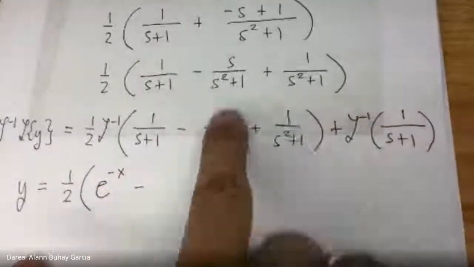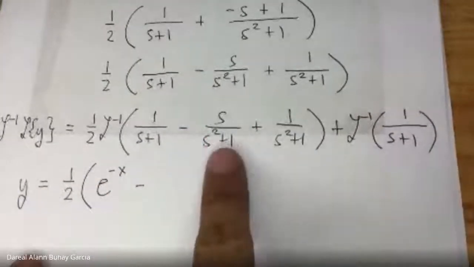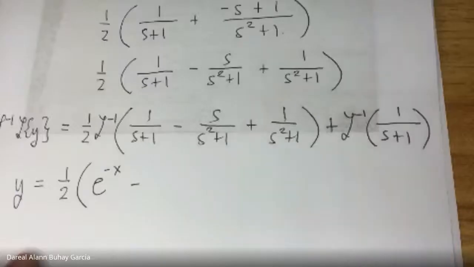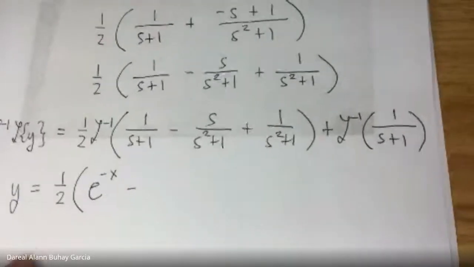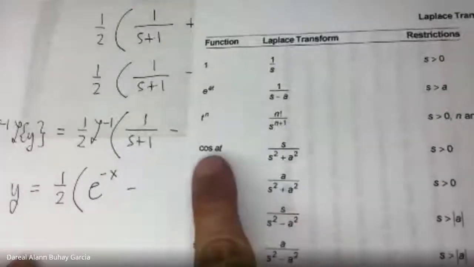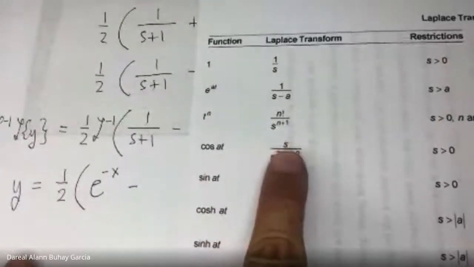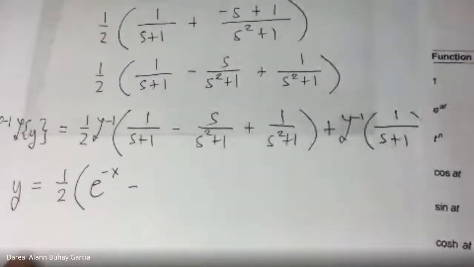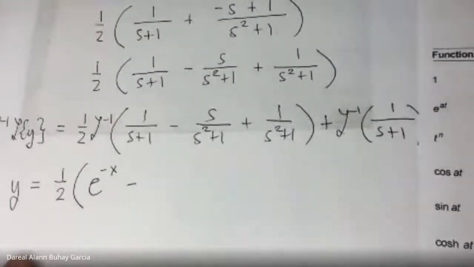Minus this, what is it? Sine or cosine? Cosine, sir. Cosine, where a is 1 squared is 1.